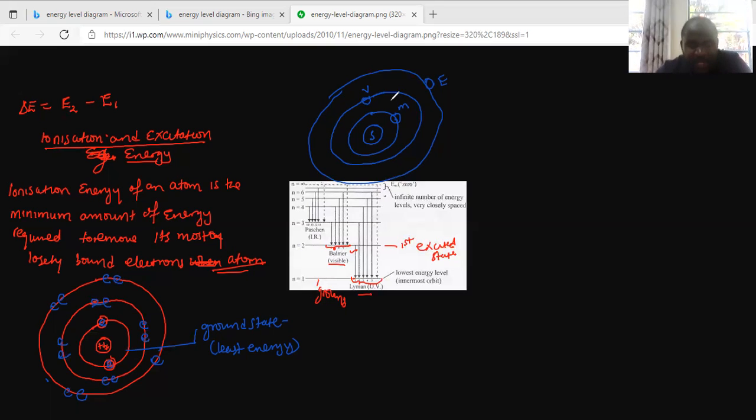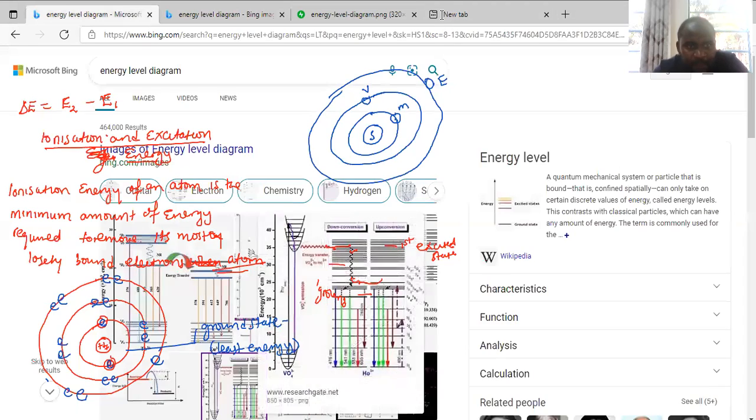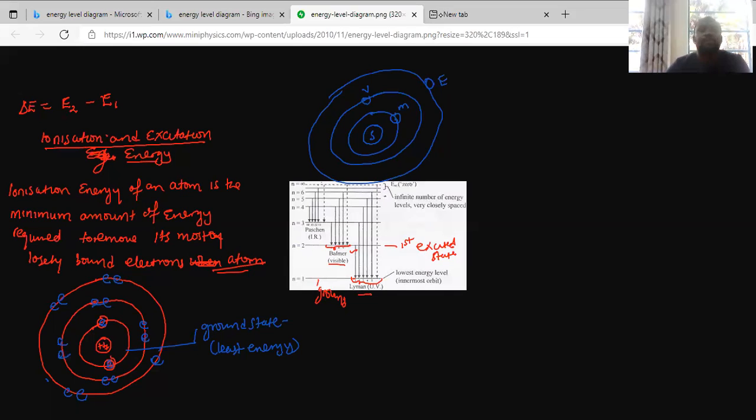And now, if you're to go and see how these electrons look, let me take you to another diagram to show you. You'll find that this one, the next orbit, this second orbit, is what we call the first excited state.